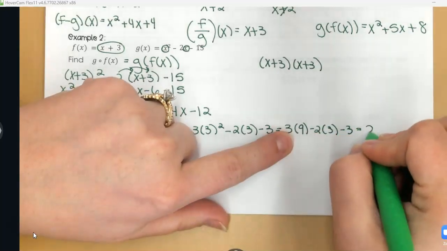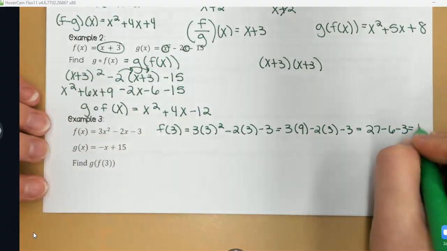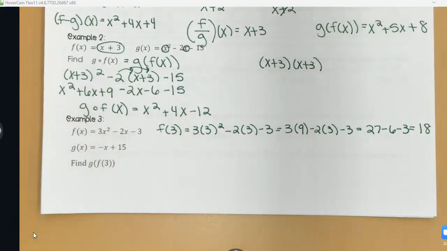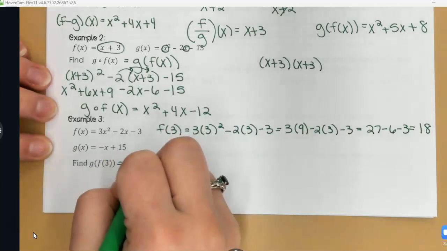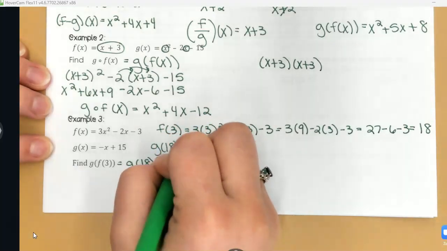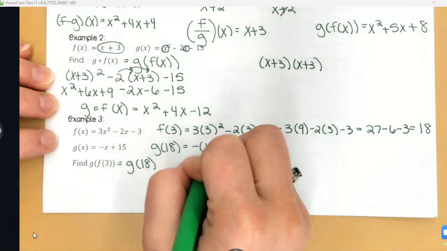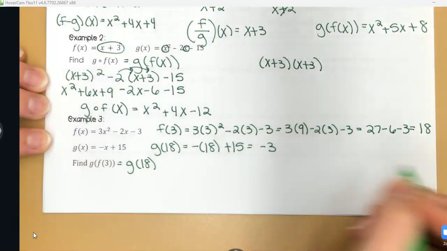Continuing, that gives me 27 minus 6 minus 3, which is 18. Okay, now that I know f of 3 is 18, this would be equivalent to finding g of 18. Well, I know how to find that as well. g of 18 is negative 18 plus 15, which gives me negative 3.